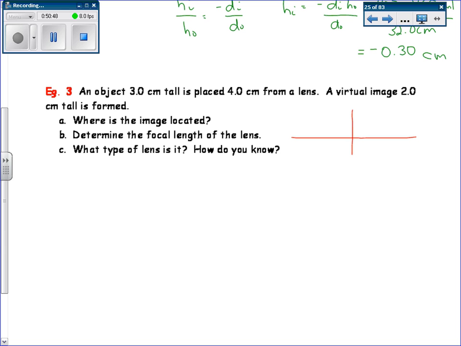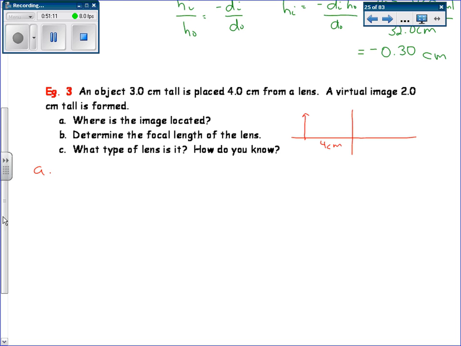It's placed 4 centimeters from the lens. So maybe this is 4 centimeters in here. So this would be where our object is. A virtual image 2 centimeters tall is formed. Okay, so now the first question, we're actually going to calculate.